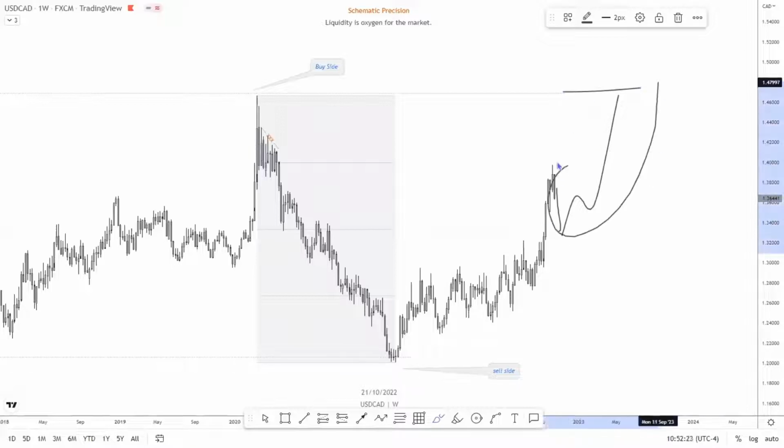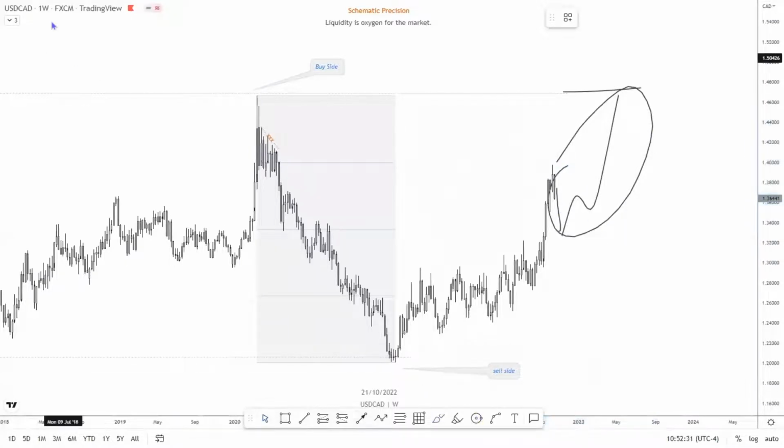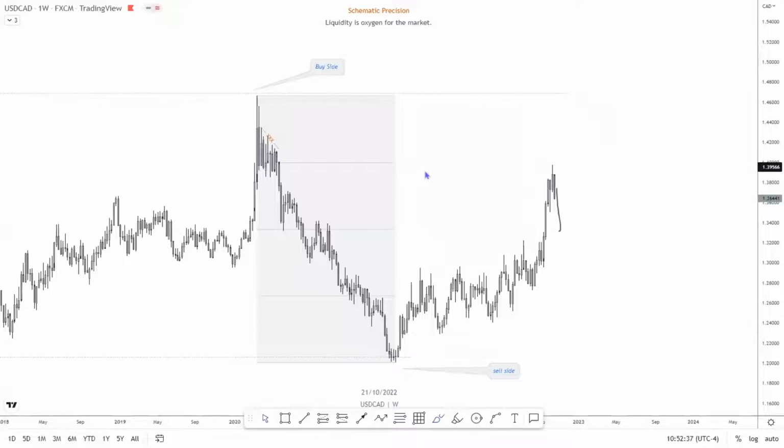But this whole scenario can take a few weeks or a few months or maybe years to happen, because this is an extremely high weekly time frame. So we have to see that. But I show this weekly time frame scenario because if you have the higher picture in your mind, then you know what you should be looking at when you are on the lower time frames.